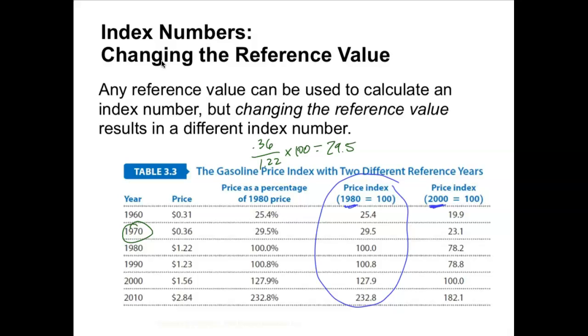If we use 2000, we take the same 0.36, but we would instead divide by the price in the year 2000, which was $1.56. And that's going to leave us with 0.231, I should say. But I multiply by 100, so 23.1.